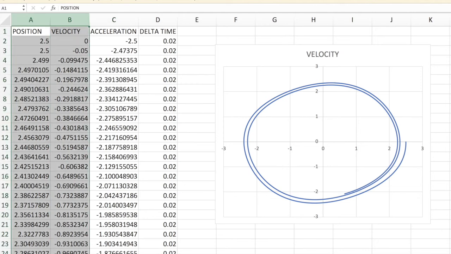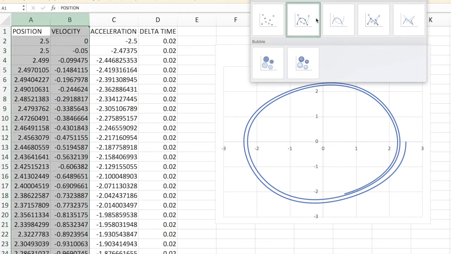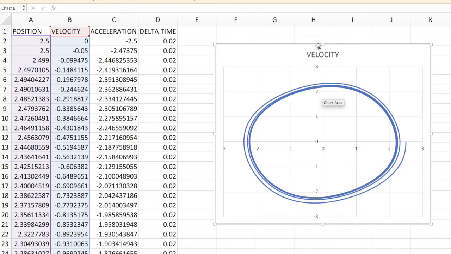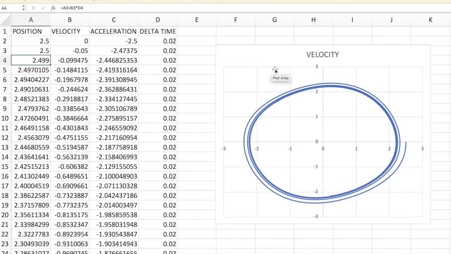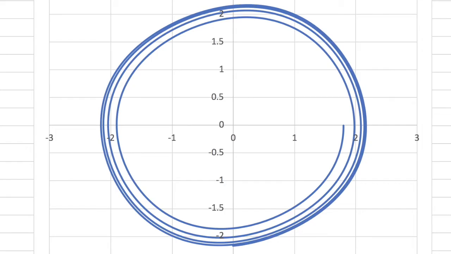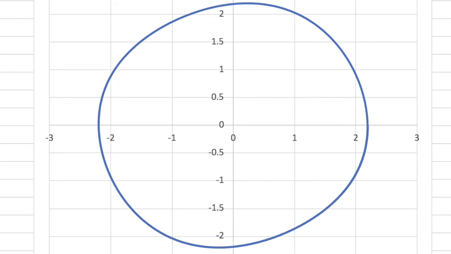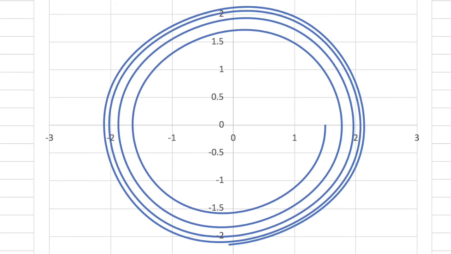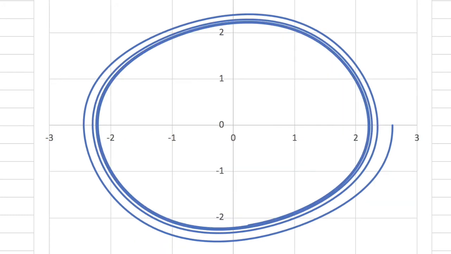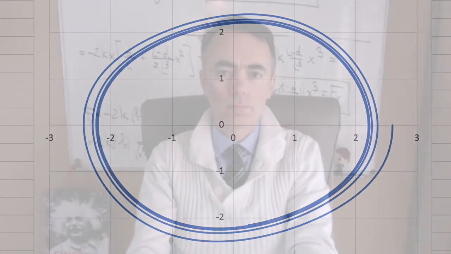So independently of where we start the initial position, it seems that the system tends to a limit trajectory, to a closed loop that has a maximum position of plus 2.2 and minus 2.2 as the minimum. It doesn't matter if we start from smaller values, it increases until it reaches that 2.2, and if we start at higher values, higher than 2.2, then the trajectory shrinks, looking for that limit of 2.2.